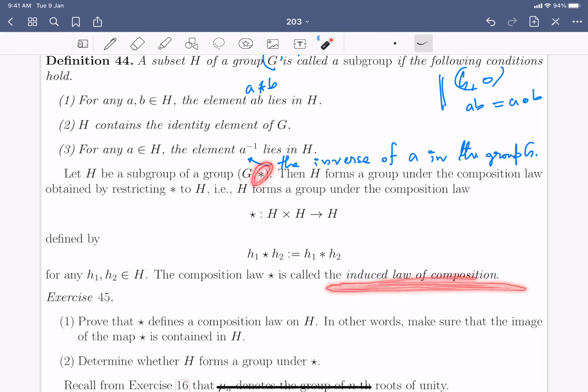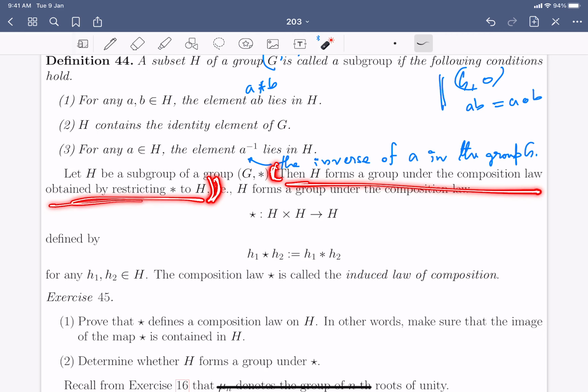The elementary observation is that H forms a group under this composition law, obtained by restricting the composition law of star to H.